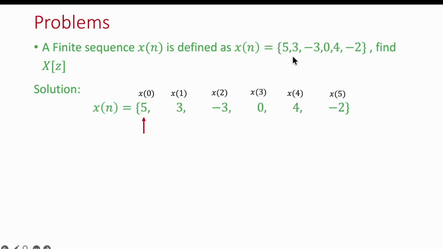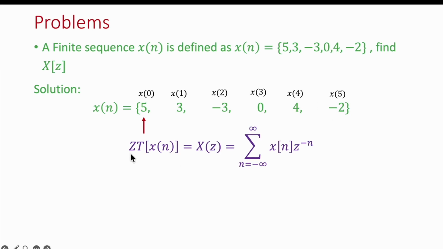If no arrow is given, we will insert the arrow on the first sample and say that this will be our first sample where the value of n is equal to 0. But if an arrow is given, then that will be our first sample. So x0 is 5, x1 is 3, x2 is minus 3, x3 is 0, x4 is 4, x5 is minus 2.